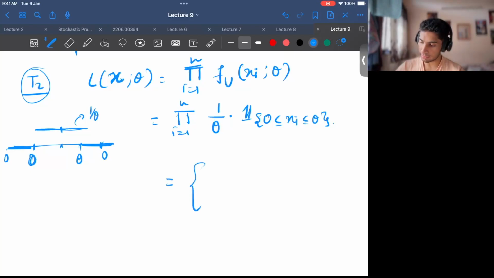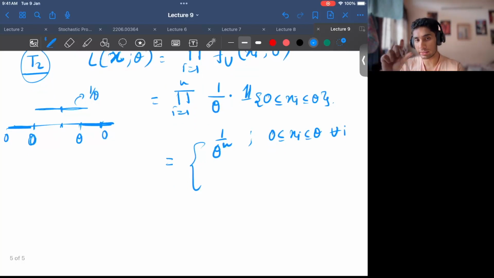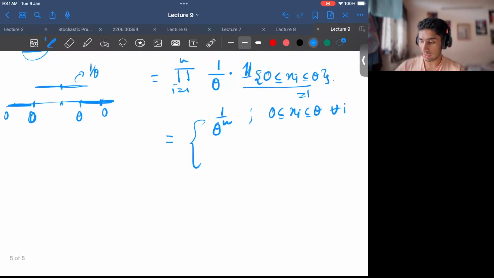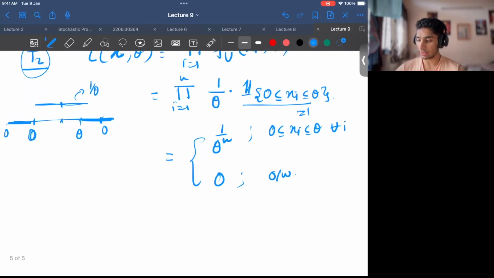This can be 1 by theta raised to n if for all i, xi is between 0 and theta. Then the indicator will be equal to 1, and 1 by theta will get multiplied n times, so the product will be 1 by theta raised to n. Otherwise, if any one of them is outside, this thing will become 0.